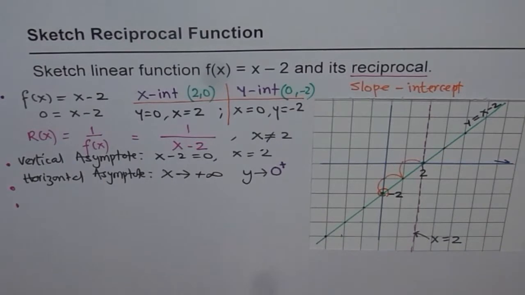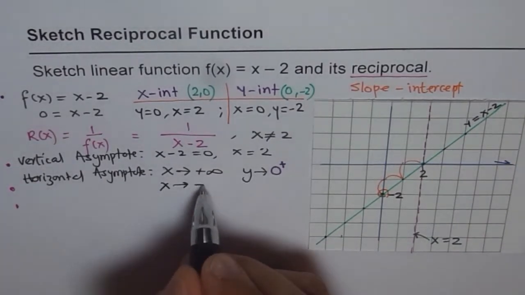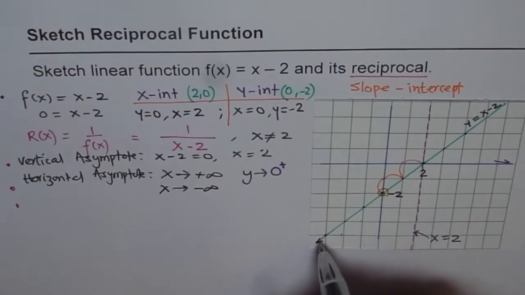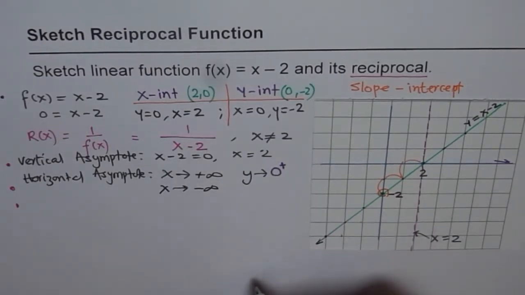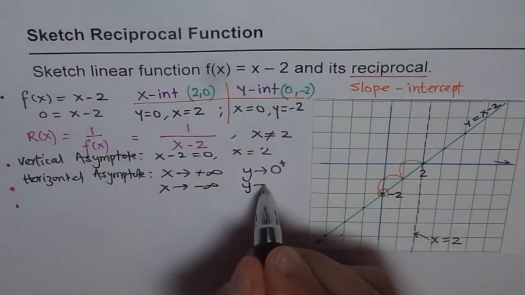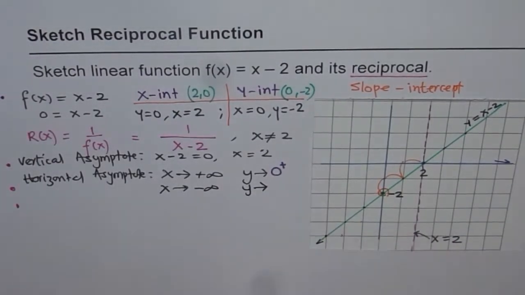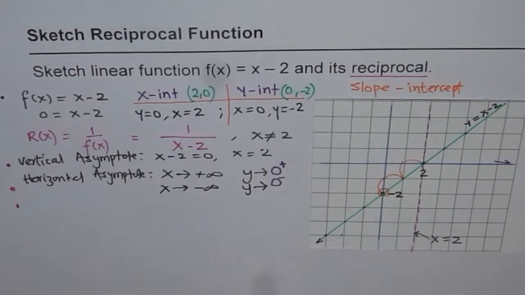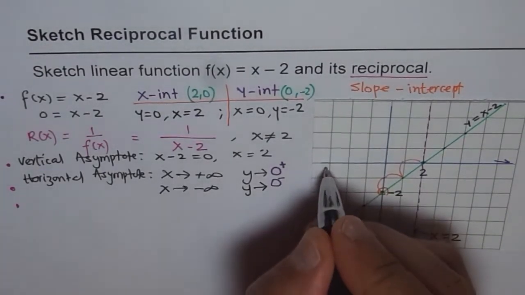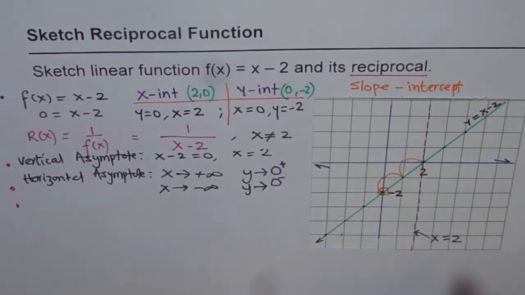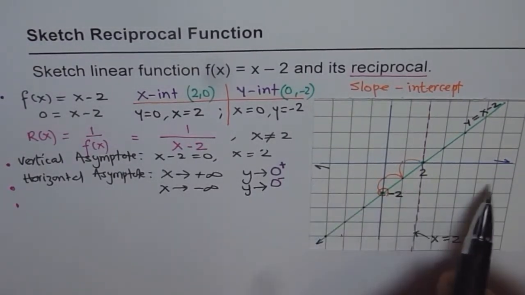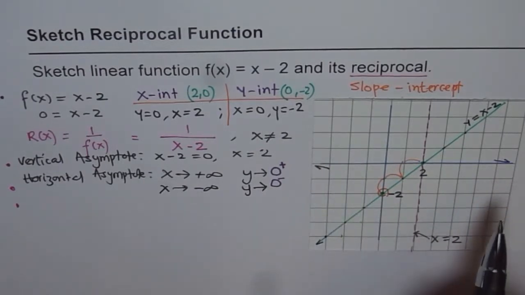Now what happens when x approaches negative infinity? On this side, the line approaches negative infinity. The reciprocal of negative infinity is of course 0, but that 0 is from the negative side, so here it approaches from the negative side. That is how the function behaves, and it is also called the end behavior.